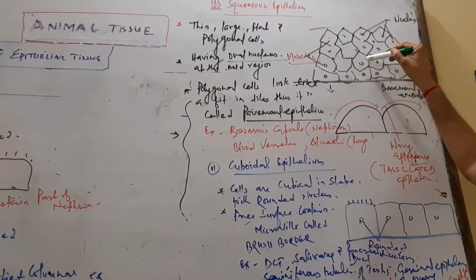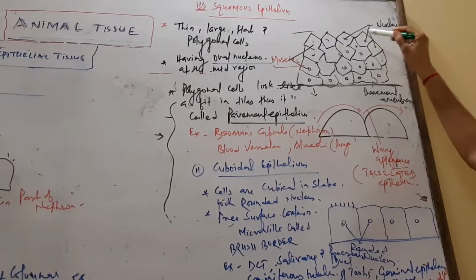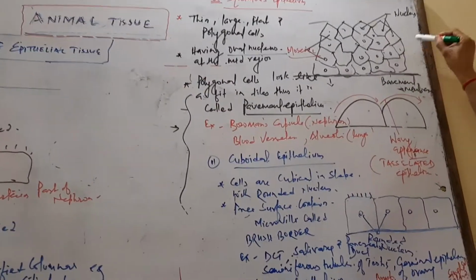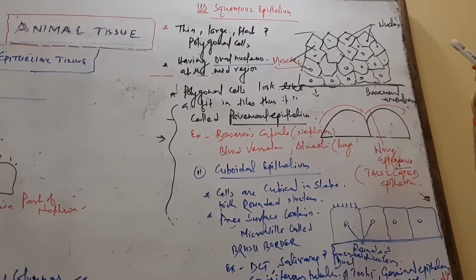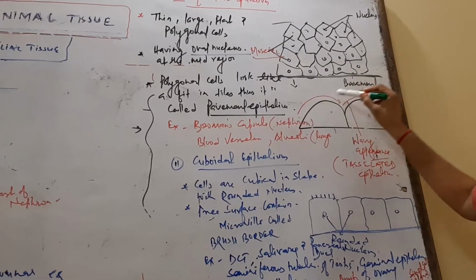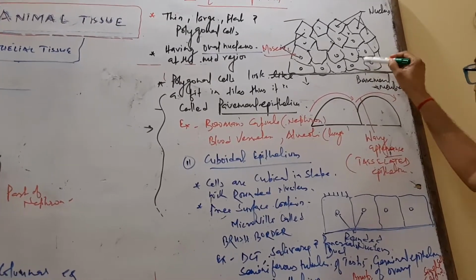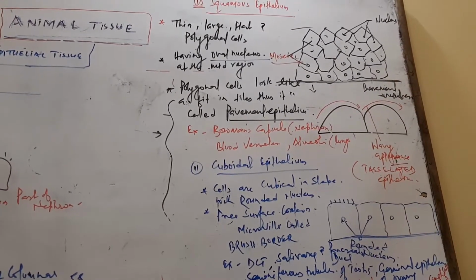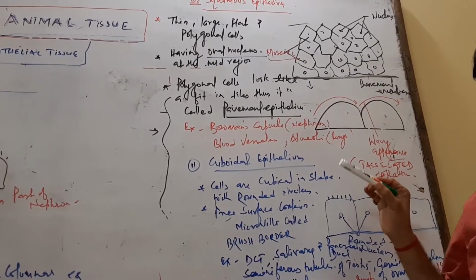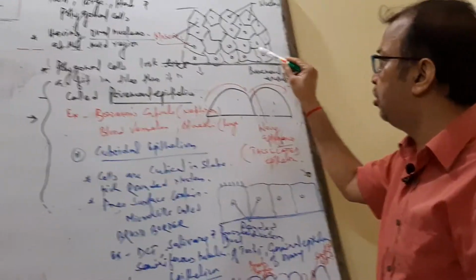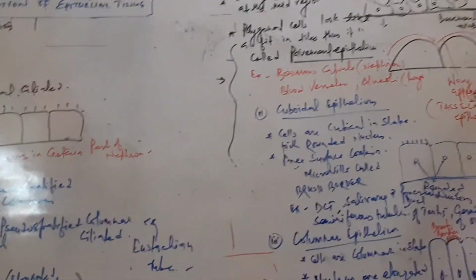It is a large, thin structure with the nucleus in the mid region. The polygonal cells look like tiles fit in a floor, like a mosaic. Thus it is called pavement epithelium.